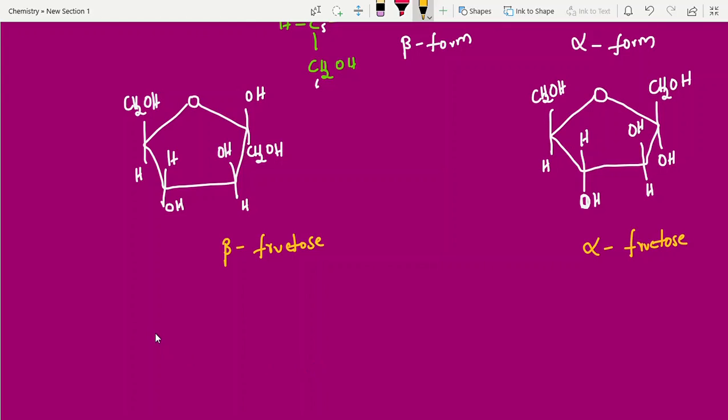Next one, RS nomenclature also. One point I am giving here, students. Actually, we are comparing glucose with the glyceraldehyde. What is glyceraldehyde formula? Here, one is aldehyde group. This is aldehyde group, CHO group, and next one is OH group, and one is R group.